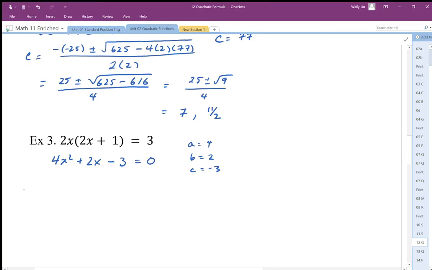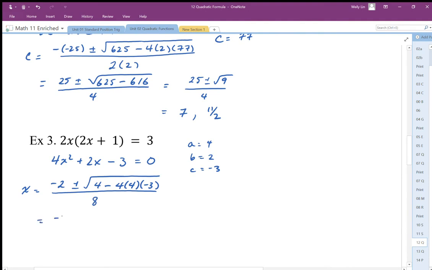And then plug it into the formula. So we end up with negative 2 plus minus the square root of 2 squared minus 4 times a times c, which is negative 3. Okay, and divide this by 2a, so we're going to end up with 2 times 4, which is 8.